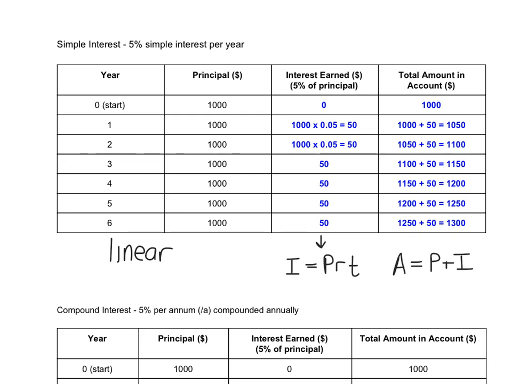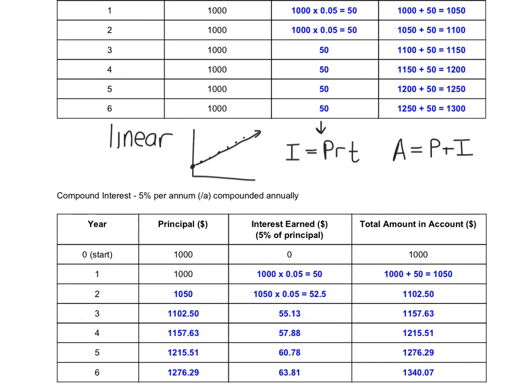Even if I were to plot these points very roughly, I would start at, let's say, 1,000, and then slowly increase by the same amount each time. So it is a linear relationship for simple interest, which should also make you think of an arithmetic sequence, if you want to go back to sequences.